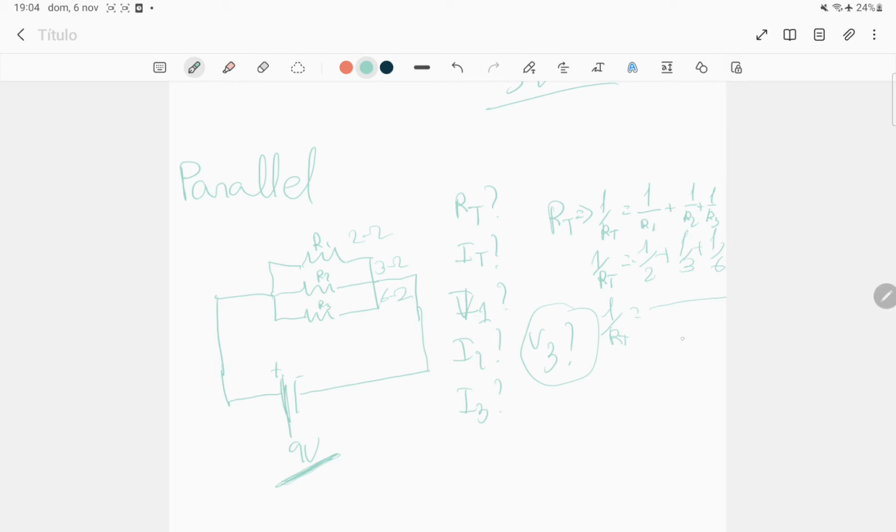So it is 6: 3 plus 2 plus 1, 6 divided by 6. But we want to make the inverse, which is the same in this case.